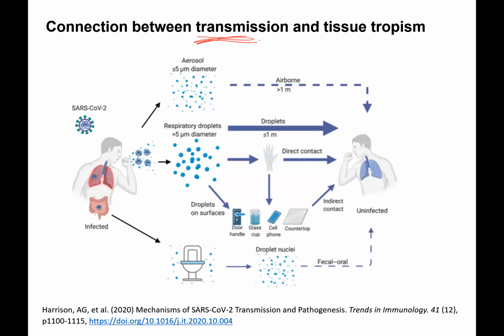So you can start to understand why viruses are transmitted in certain ways, because that allows them access to the tissues or cells that they can infect, right? So for example, SARS-CoV-2 is mainly a respiratory virus. So it is transmitted through the air so that it can get to your nose and lungs.